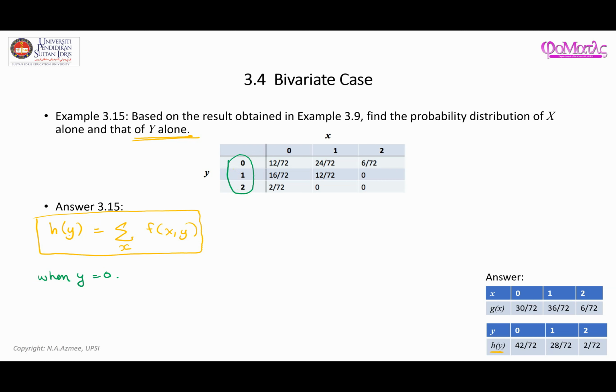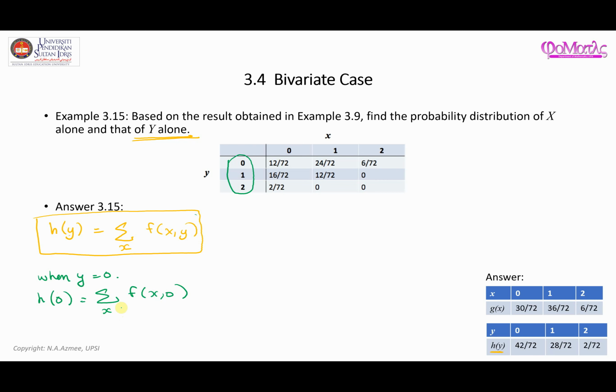When y is equal to 0, this mathematical formula is going to change to h0. This is with respect to x. This is fx0. What it means is we are just going to keep on changing the value of x, step by step.